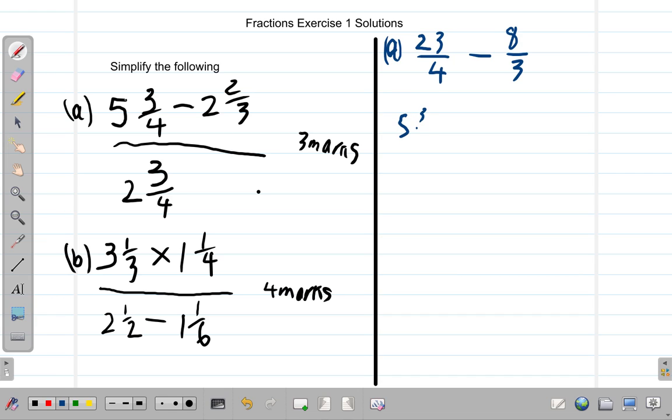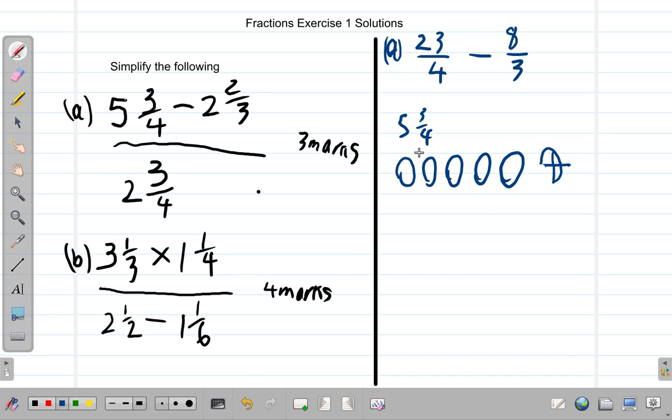If you have 5 3/4, what you have is 1, 2, 3, 4, 5 whole, plus you have 3/4. So I erase one of these quarters and you see how many quarters there are.